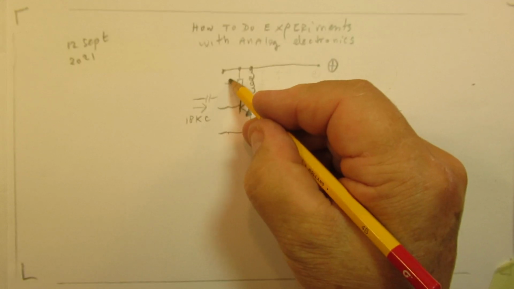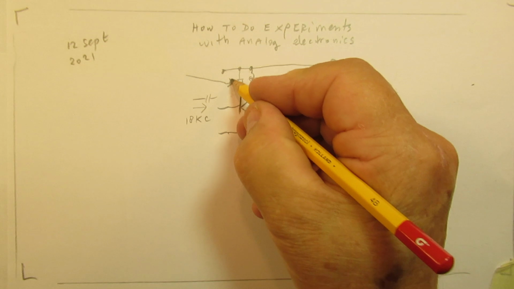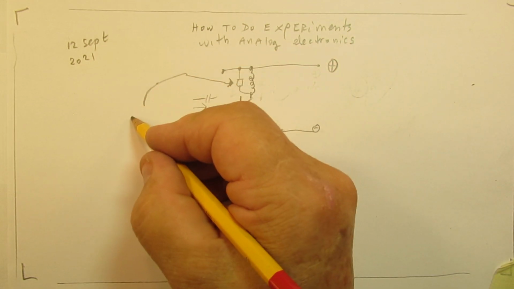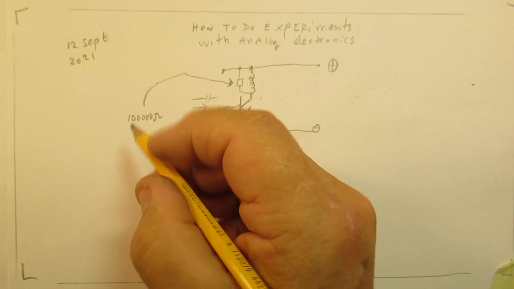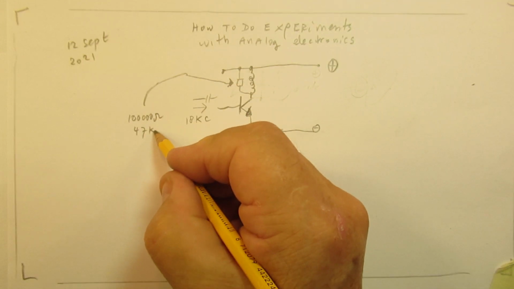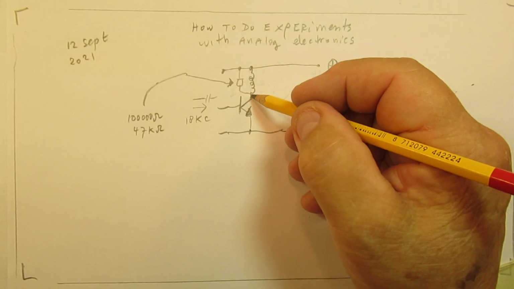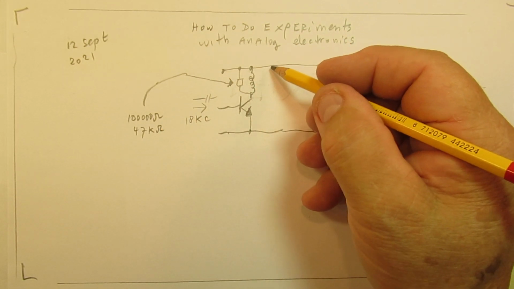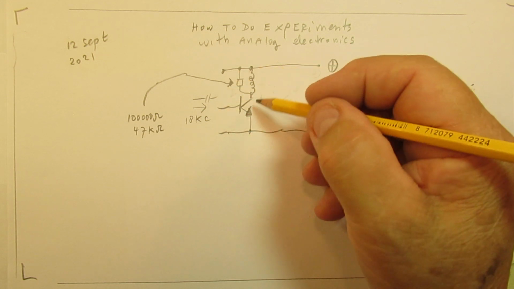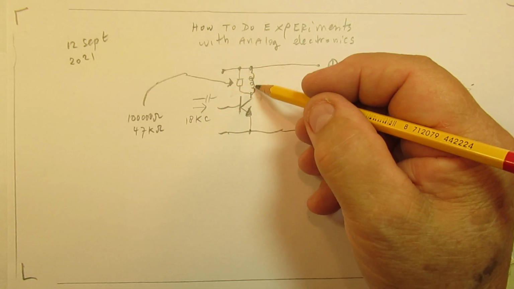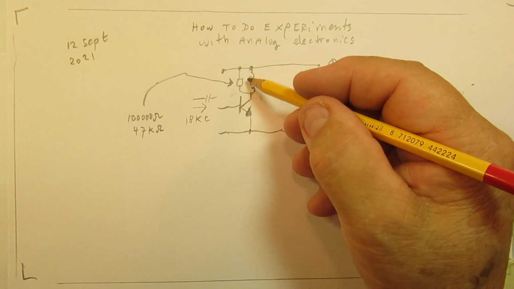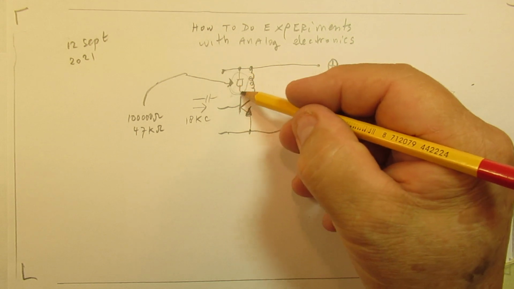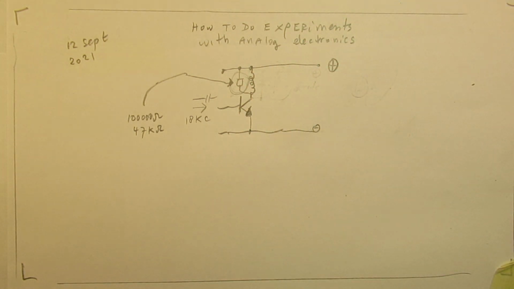Such a resistor, often in the high ohms range, say 100,000 ohms, could be 47 kilo ohms, makes that backfire voltage, when the magnetic field collapses, damped. So this acts as a damping resistor. That's also a good idea to get that problem solved.